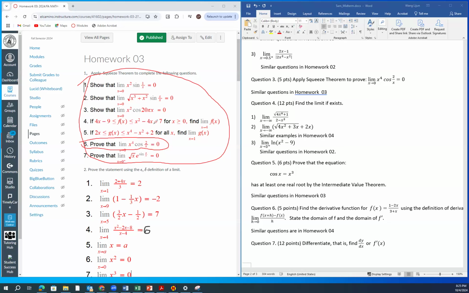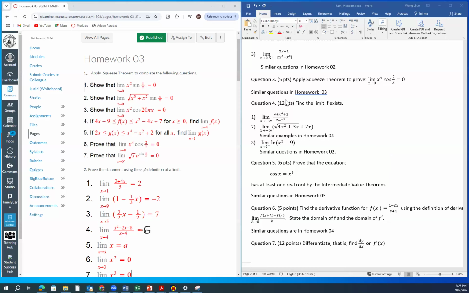So when you review, make sure you go back to the quizzes and look at my corrections. If you didn't do them perfectly, there are solutions posted that you should study. Make sure the questions that were tested in the quizzes are corrected and done properly. If you have any questions, please reach out to me. Okay, so that's about the squeeze theorem.